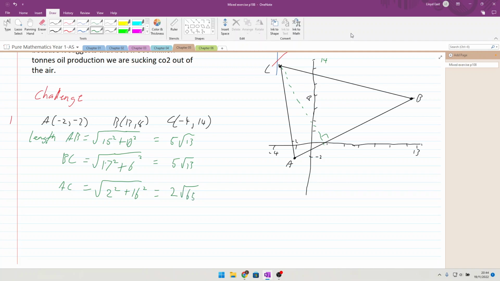Okay, so what that does tell us is we have an isosceles triangle here. So we could look for a midpoint on here and then trot on across, but I'm not going to use that. I'm going to use something called Heron's formula.